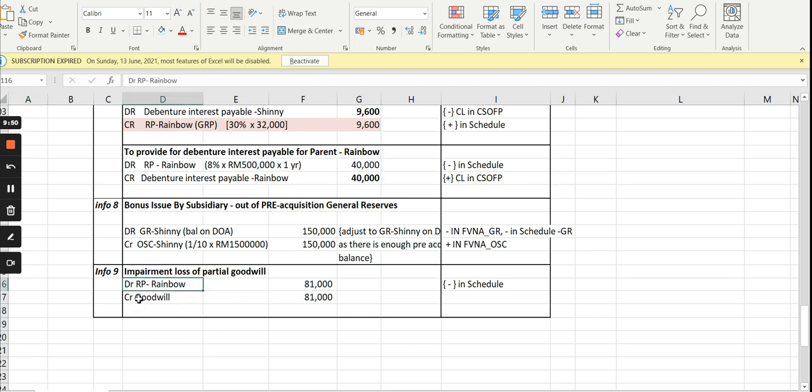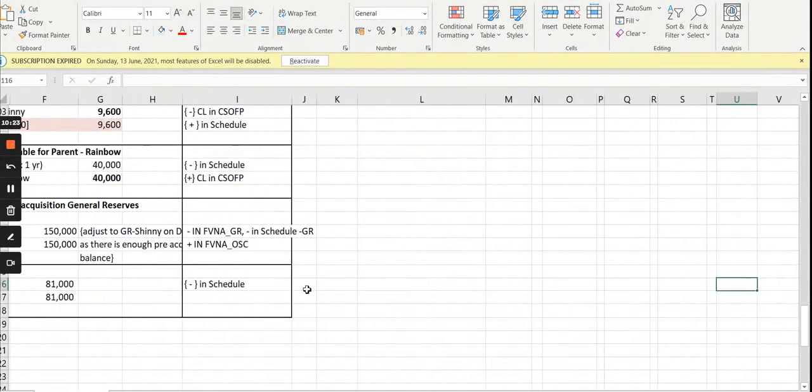So this goodwill that was being impaired is the total goodwill of 270,000, the goodwill, times the percentage impact 30%. So this one is the impairment of goodwill. That impairment of goodwill will be debited to the group retained profit, which is Rainbow, 81,000. So that will have to be adjusted later. We'll see that later.